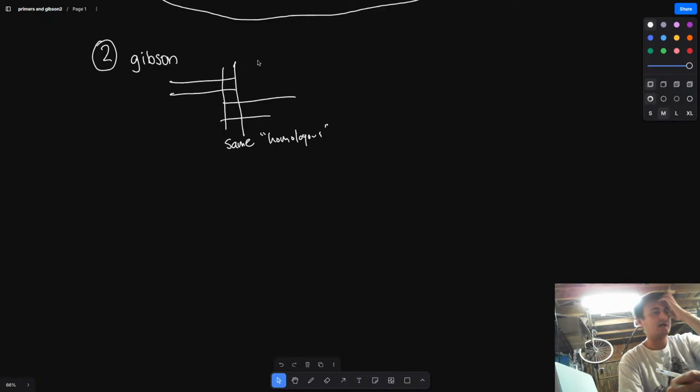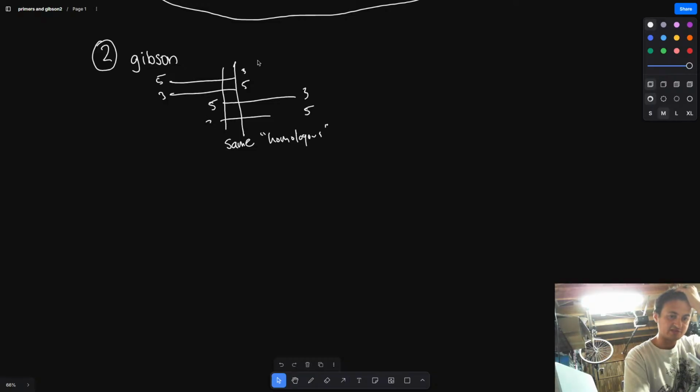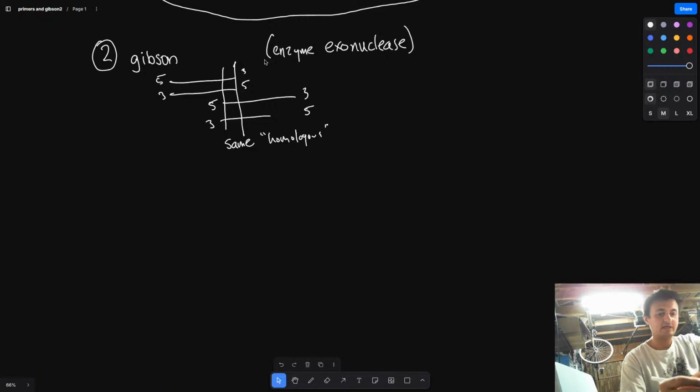Now, basically, if this is a 5, this is a 3, this is a 5, this is a 3, and then this is a 5, this is a 3, this is a 5, and this is a 3, then there's an enzyme called exonuclease. And this eats back 5' ends. So basically this end is going to get chewed back and this end is going to get chewed back.